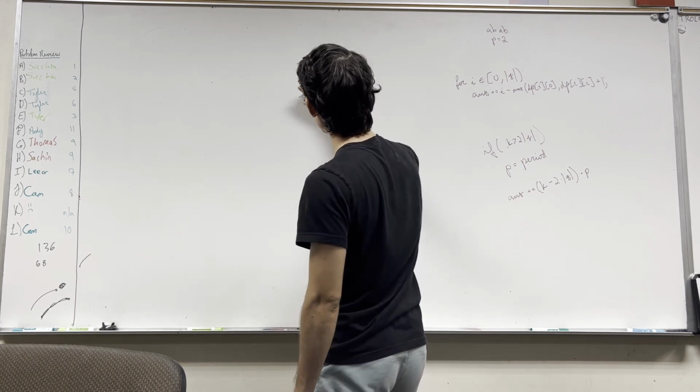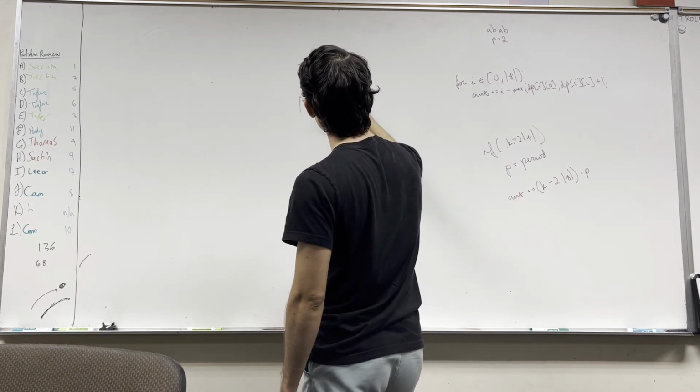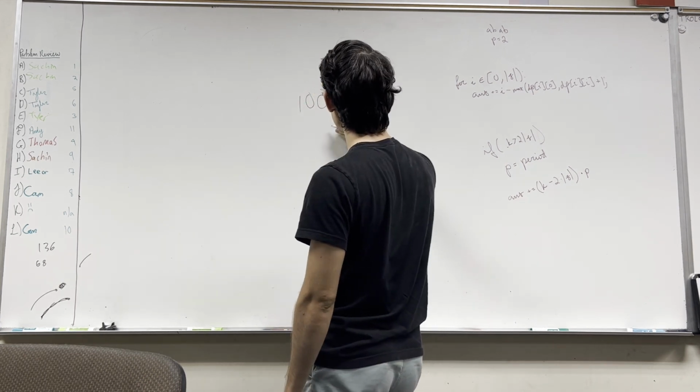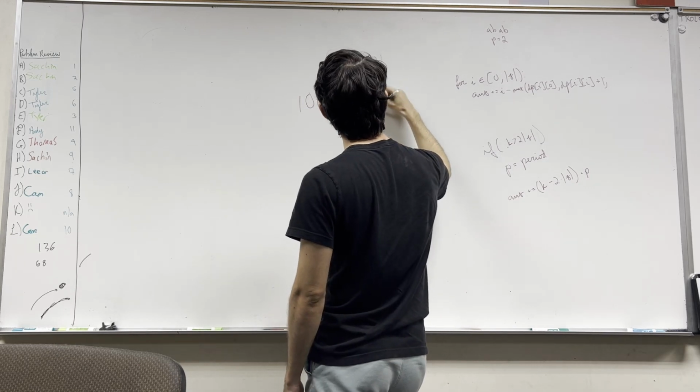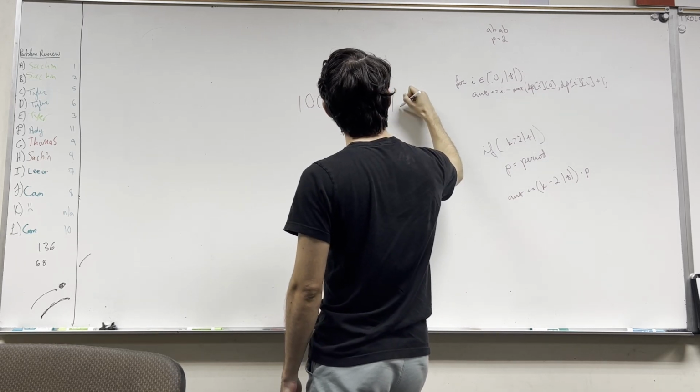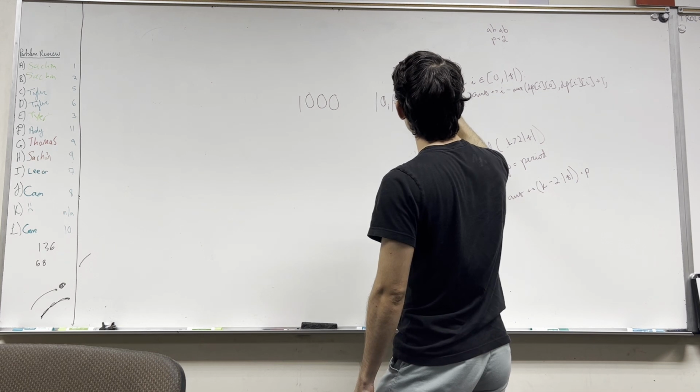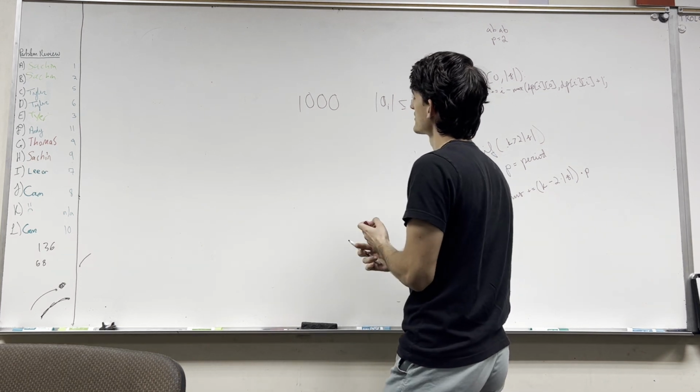Okay, so you can have 1,000 arrays. Each array is length at most 10, I think.